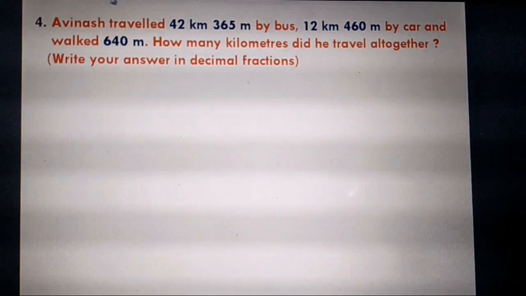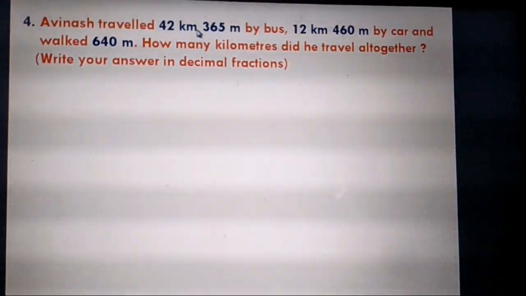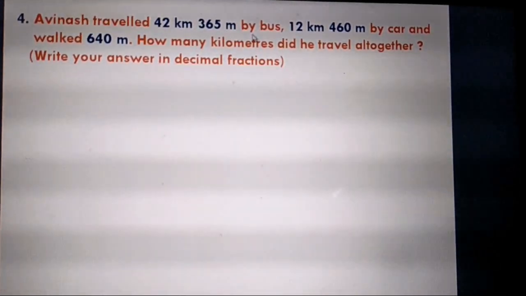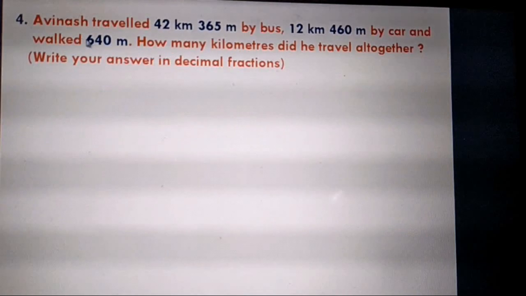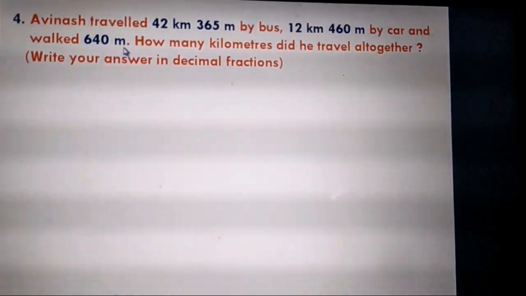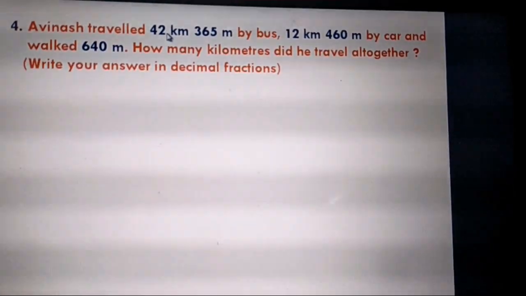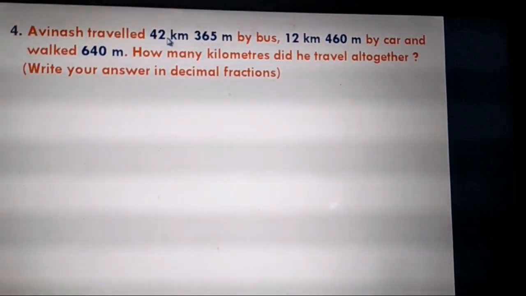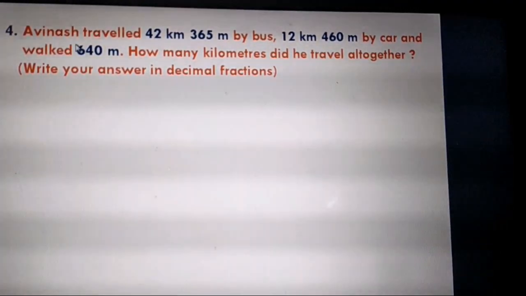Right? So we have to find how many kilometers he travelled altogether. It means we have to add all these three numbers, right?